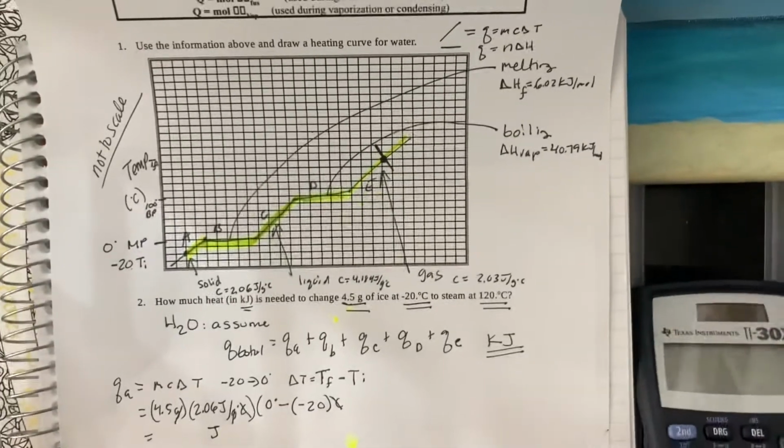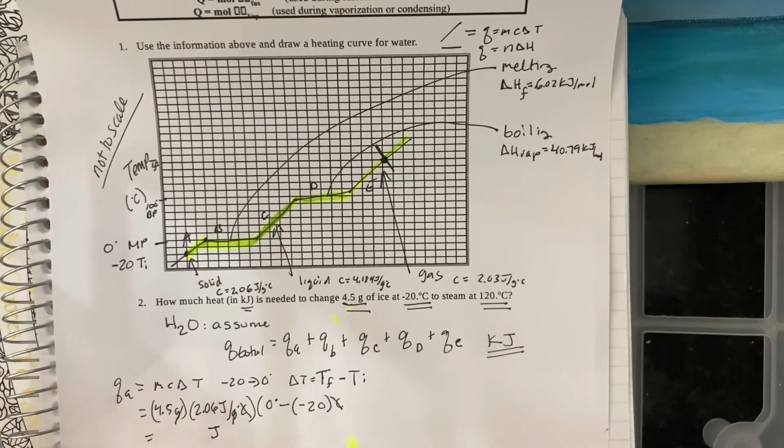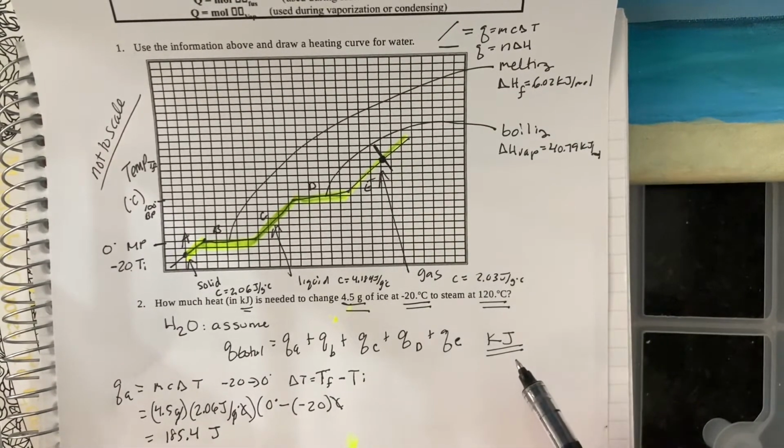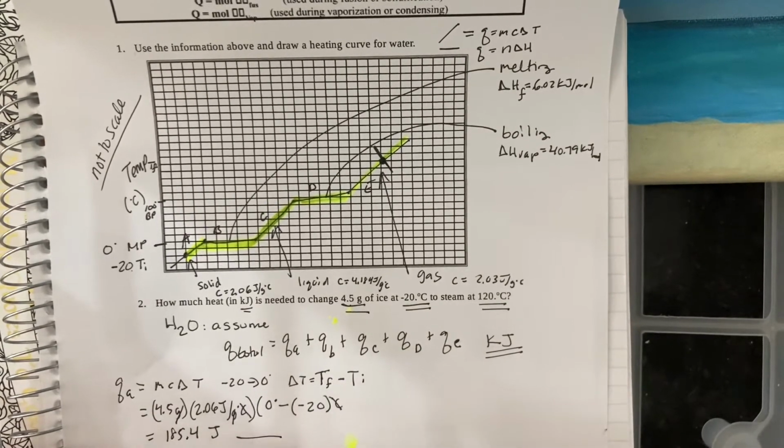4.5 times 2.06 times 0 minus the -20 is 0 plus 20, or 20. So 4.5 times 2.06 times 20 gives me 185.4 joules. My answer needs to be in kilojoules, so let me just convert that right now.